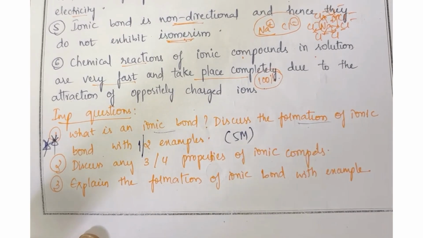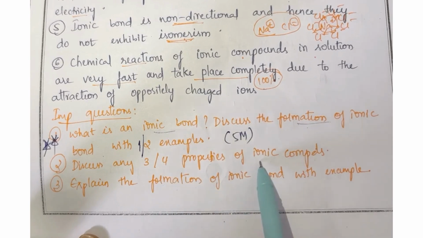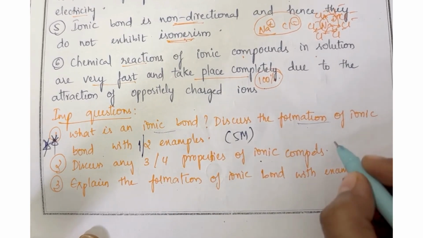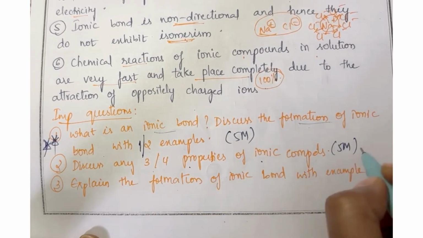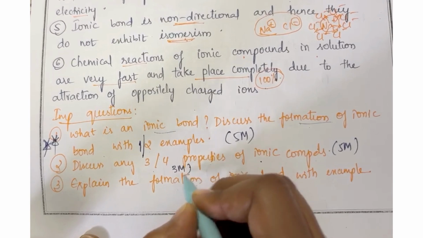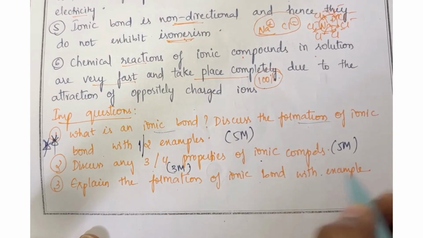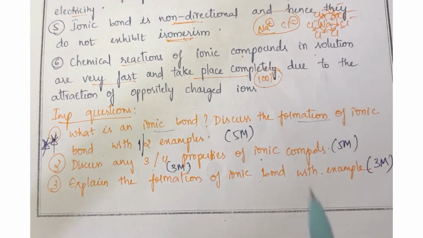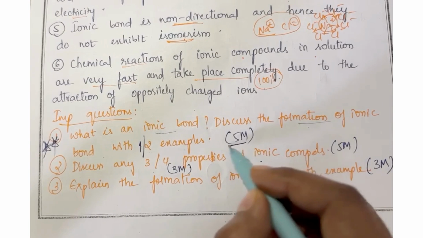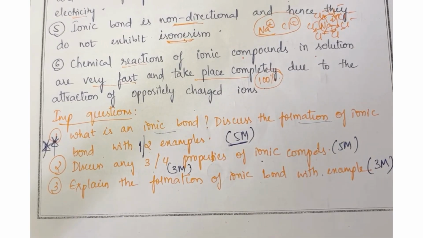Or in short, they can ask you 5 properties of ionic compounds for 5 marks, or 3 or 4 properties of ionic compounds can be asked for 3 marks. And the formation of ionic bond with example for 3 marks they can ask you. So either of the questions for 3 or 5 marks, mostly the 5 marks question is a gunshot question from this topic.